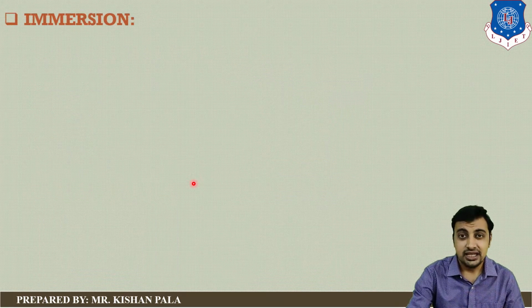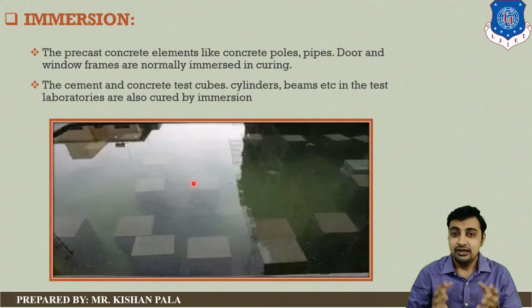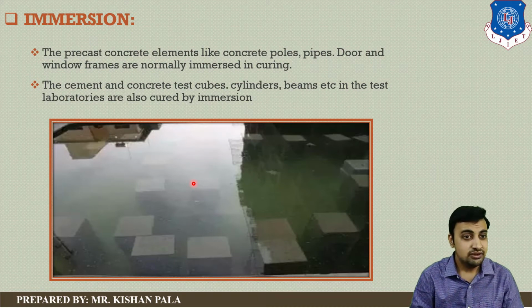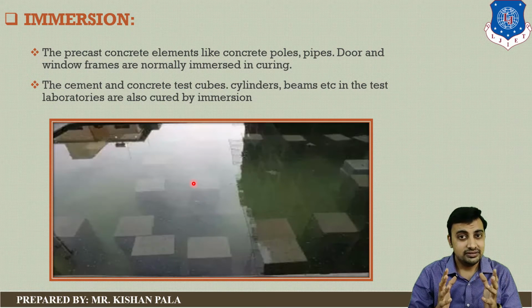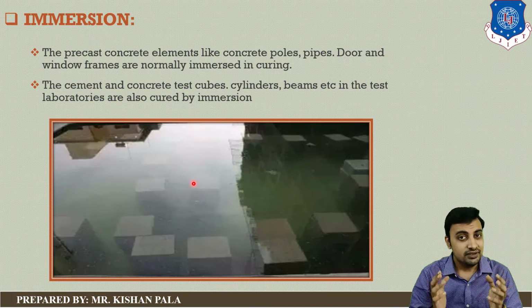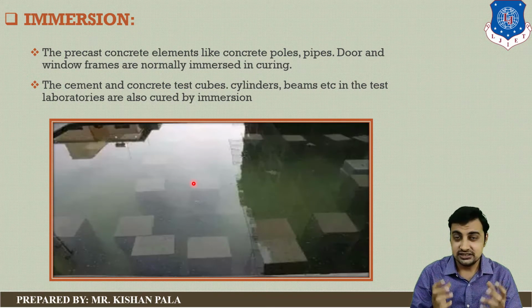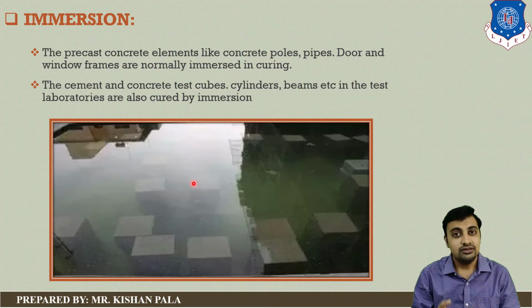The first one is immersion. Immersion is for precast concrete elements like poles, pipes, doors, window frames, and also test tubes, cylinders, beams, or frames, which are normally immersed in water, and with this at the end of the 7 days and the 28 days, we can achieve the proper hardened strength of the precast element as well as the test cubes, test cylinders, and test beams for measuring the hardened properties of the concrete mass.